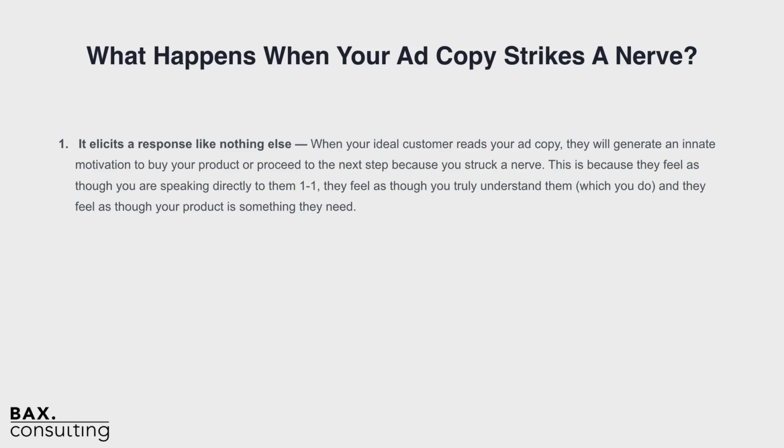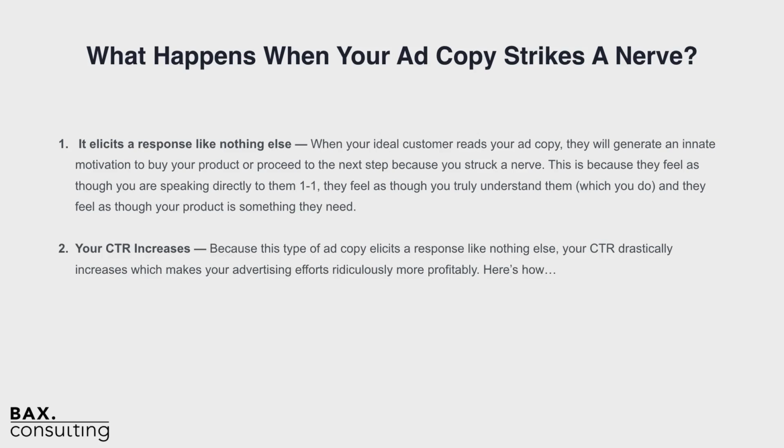This is because they feel as though you are speaking directly to them, one-to-one, and they feel as though you truly understand them, which you do, and they also feel as though your product is something that they need. And this is all purely spawned from your ad copy, okay?